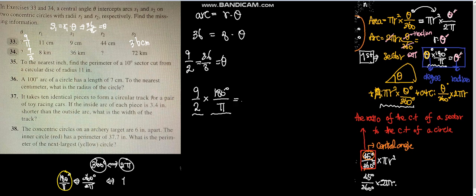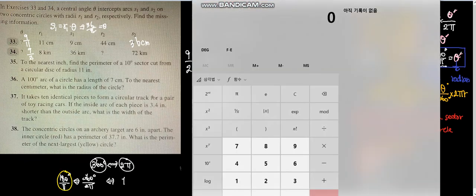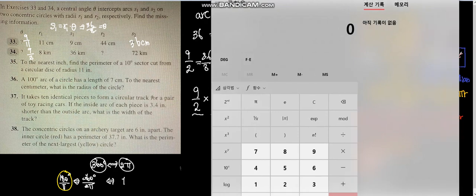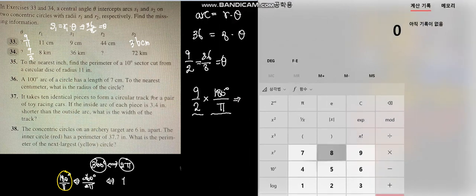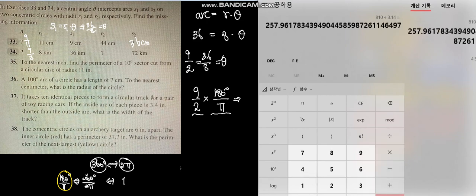I need to calculate. I have to pull up my calculator. So 9 over 2 times 180, divided by 3.14. 257.